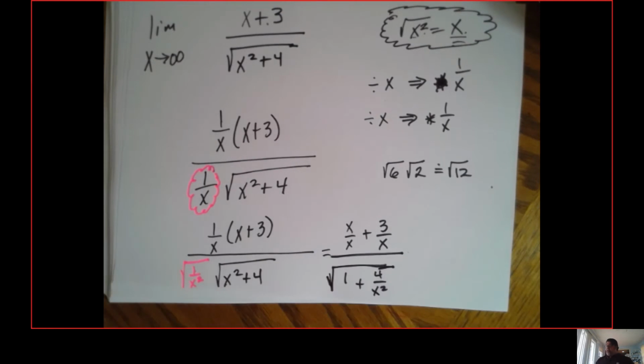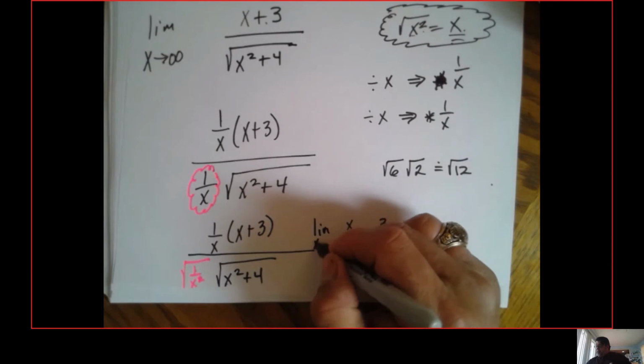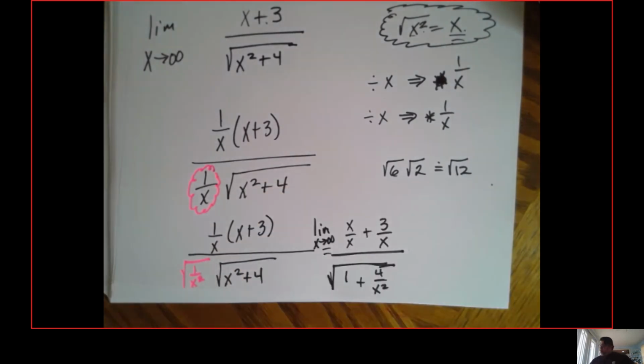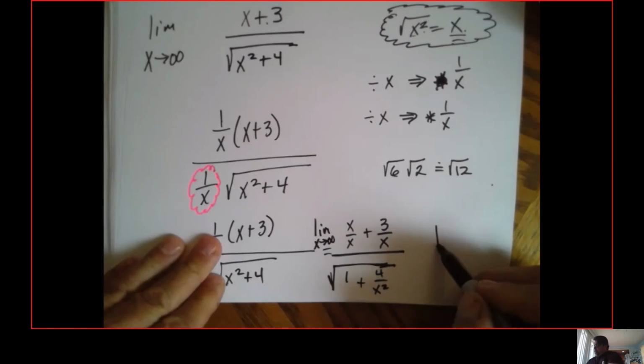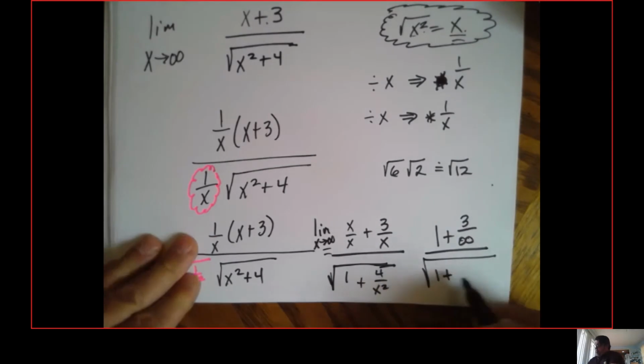And now I can plug in the limit as x approaches infinity. And that's going to give me 1 plus 3 over infinity over the square root of 1 plus 4 over infinity.